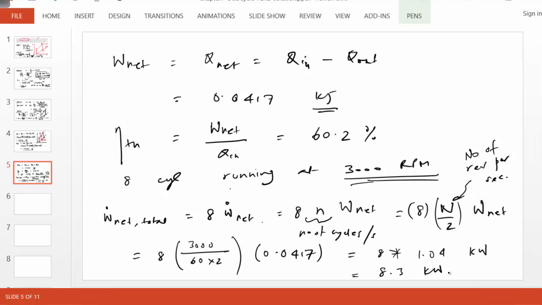So it's a very small, very low power typically. So this is the academic problem, and normally this power should be about 10 times that. Okay, so we have determined the net power, we have determined the thermal efficiency, etc.